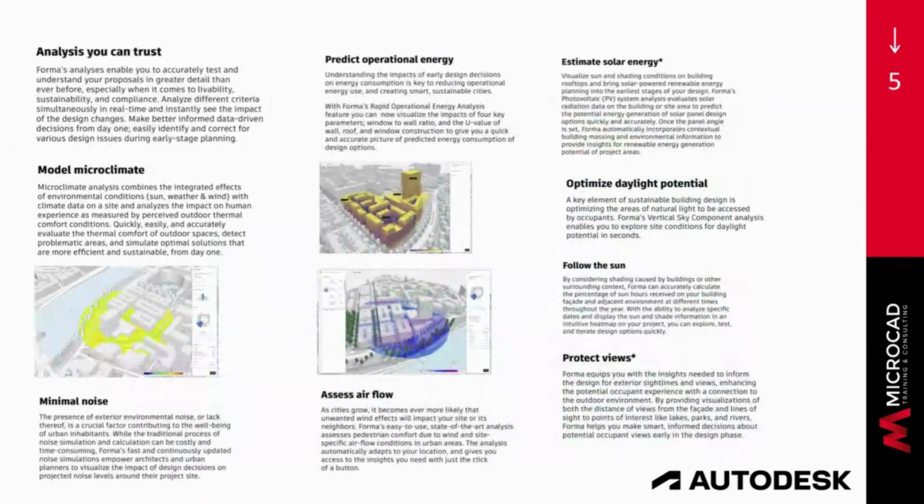So here are some of the things, to say it in a very colloquial way, that you can do with Forma, besides very easily creating massing elements. Forma is bi-directional with Revit. So once you start creating your massing elements, you can bring them over to Revit.